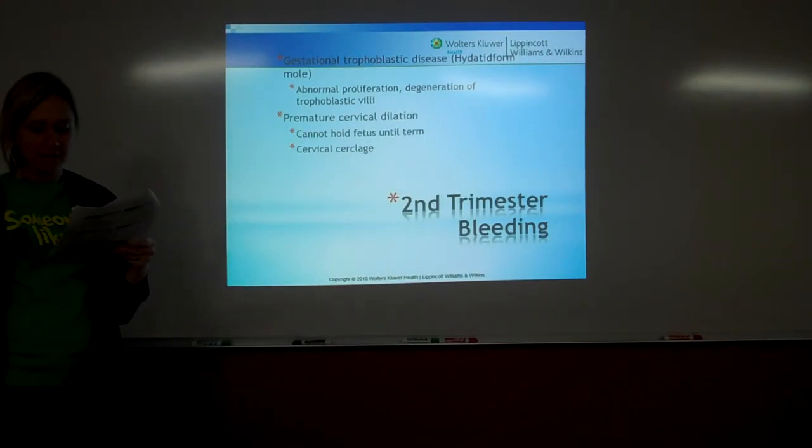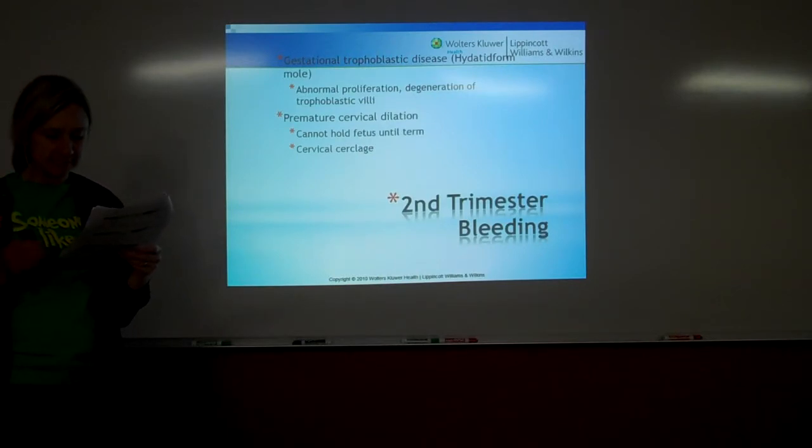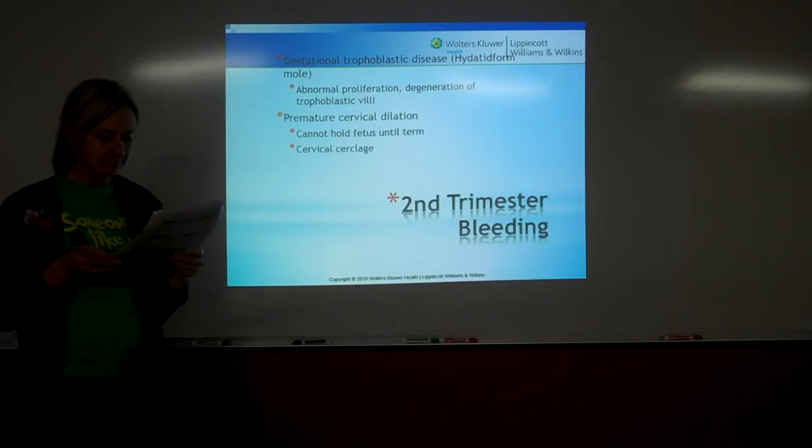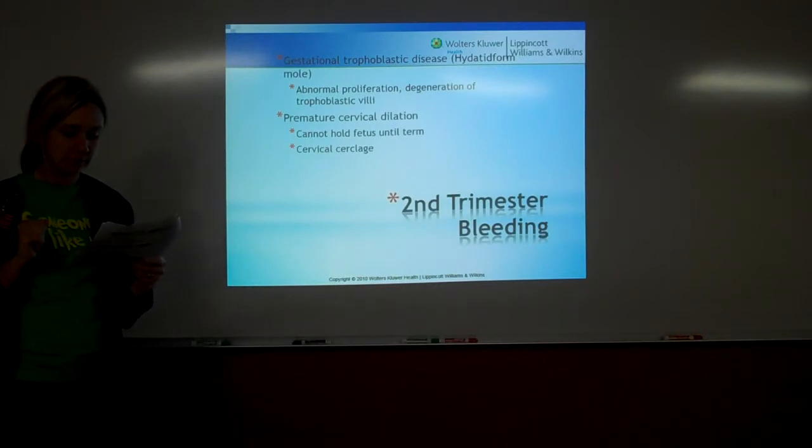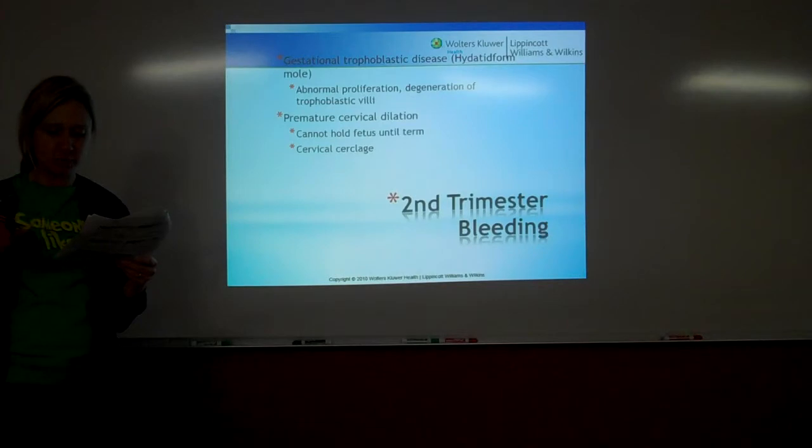It's grape-like clusters that swell from the placenta. There's two different types, complete and partial. The complete is paternal only. There's no fetus, no placenta, no amniotic membranes or fluid. There's no placenta to receive maternal blood.